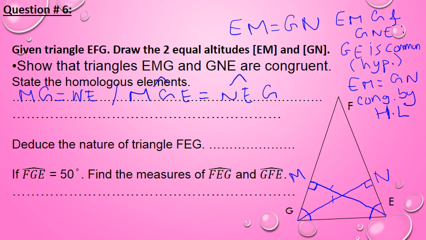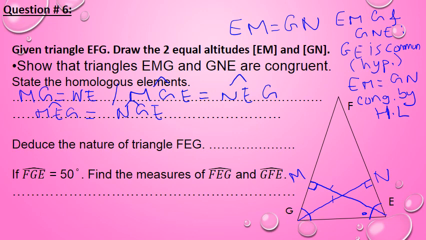MEG is equal to NGE. Okay? Now, we should deduce the nature of triangle FEG.